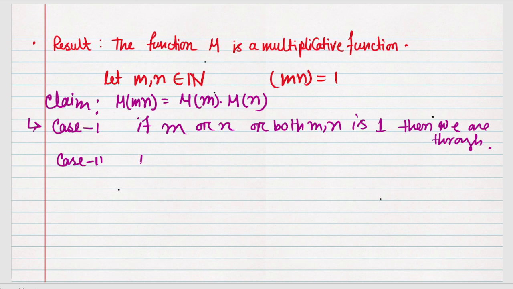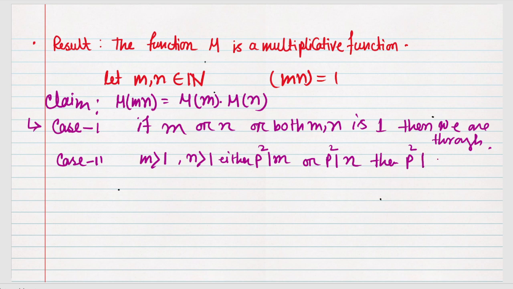So if m is greater than 1 and n is also greater than 1, and p squared divides m or p squared divides n, then p squared divides mn.